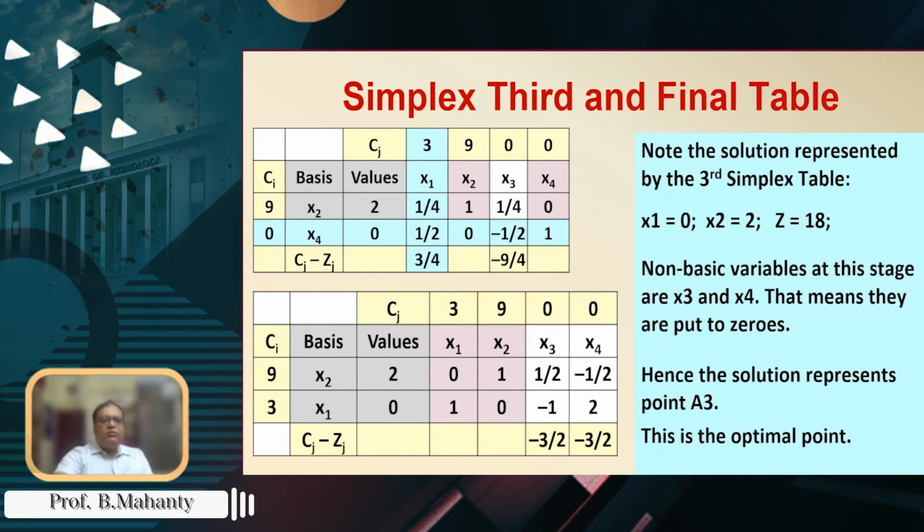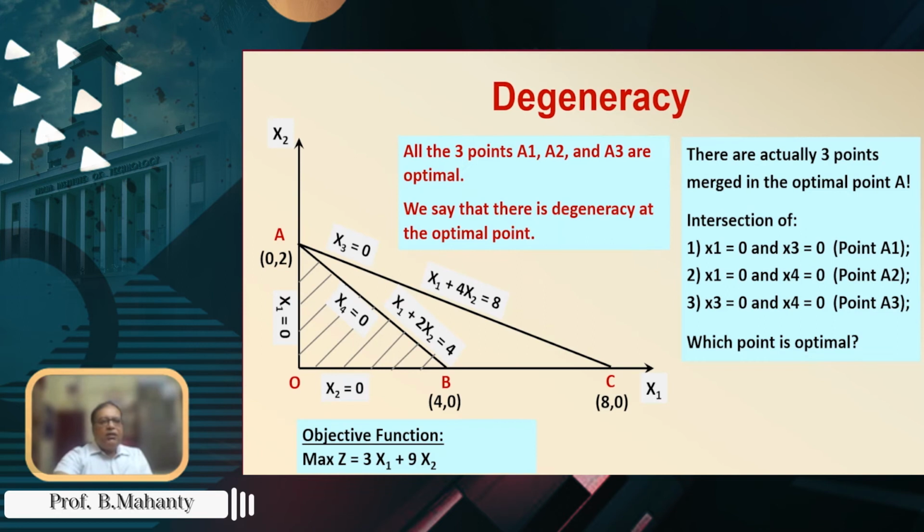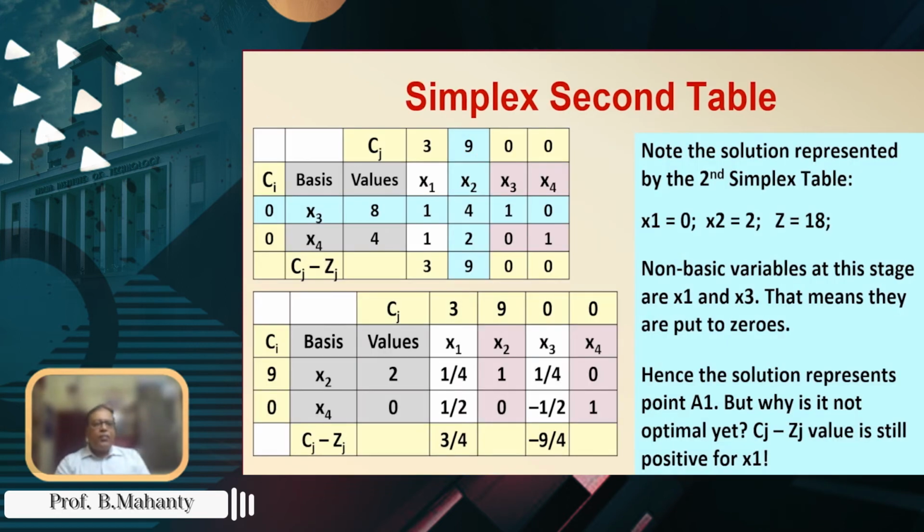All right, so go back to the first table. So here is our first table. In the first table, there is a tie in the leaving variable. So what are the variables? x3 and x4 both can be leaving. Now Bland's rule is saying that x3 is to the left of x4. All right, so choose x3.